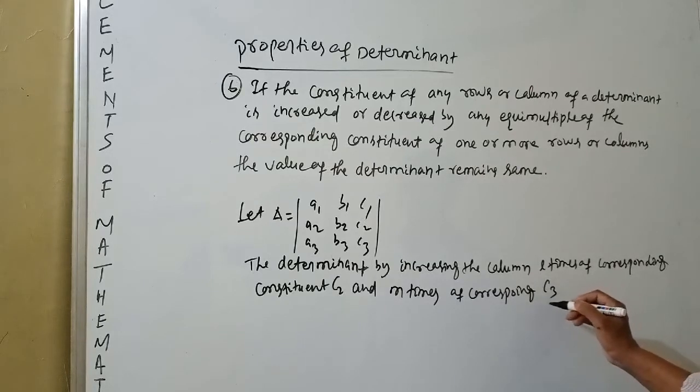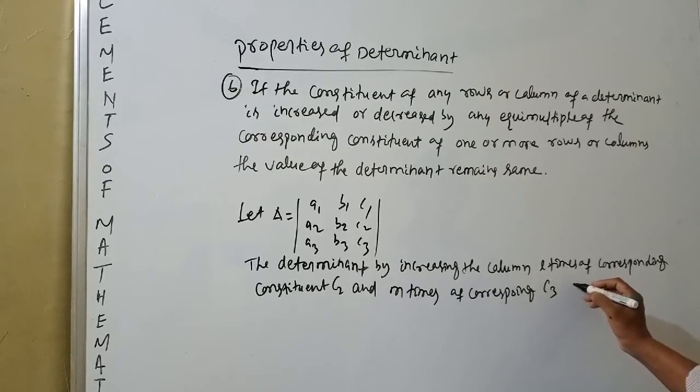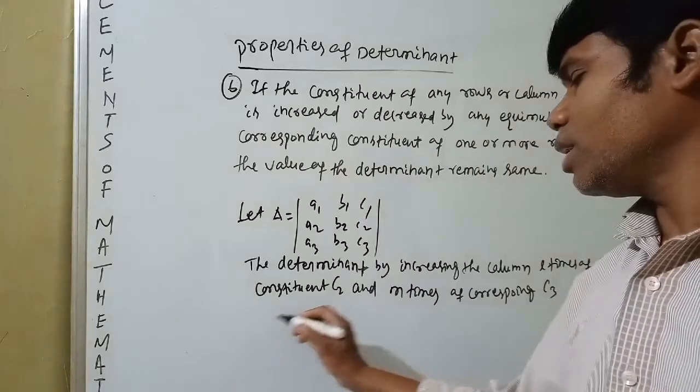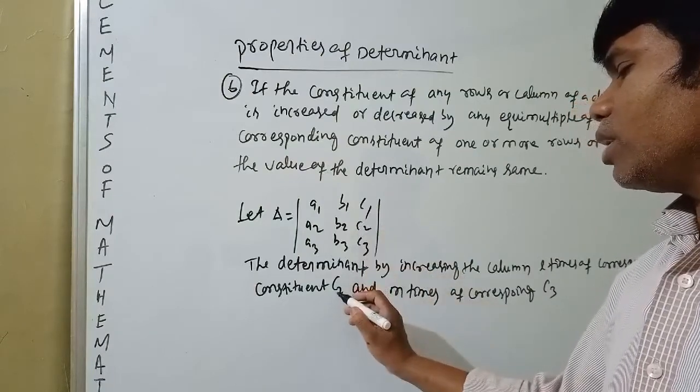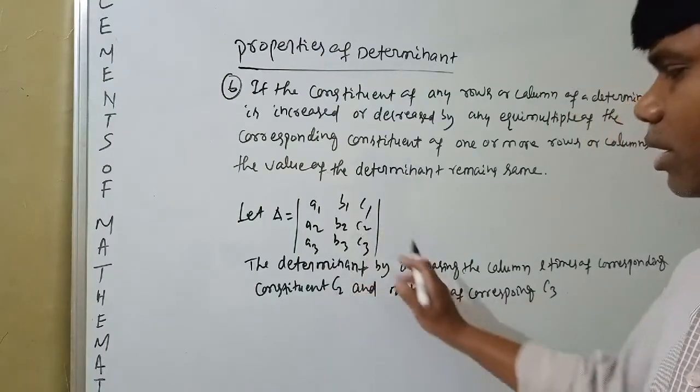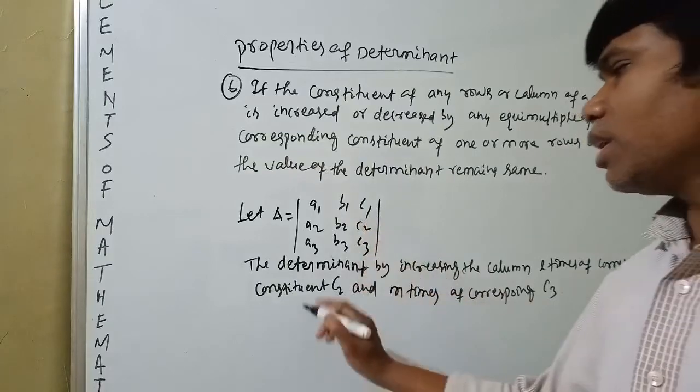Okay, C2 here is column 2, not this C2. Understood my point? C2 means column 2, C3 means column 3. Here C2 C3 is a different thing.